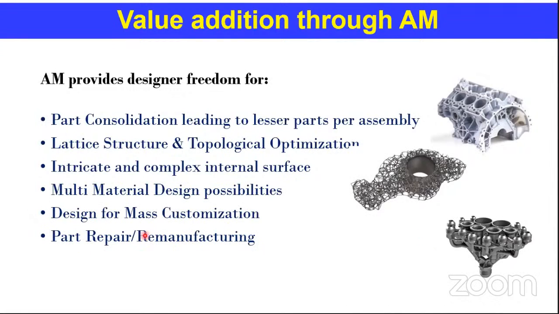And there are other advantages: multi-material design possibilities, where we can combine two or three materials to produce the part so as to cater to the end application. And also design for mass customization can be done. And part repair and remanufacturing is another area where people are looking at additive manufacturing as a game changer. That is what I'm going to cover in the second part of my talk, right?